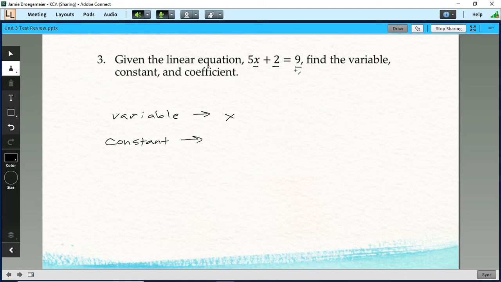Constants are our numbers that are not being multiplied by a variable. So 2 and 9 would be considered constants in this equation. And then a coefficient is any number that's being multiplied by the variable. So 5 here would be our coefficient.